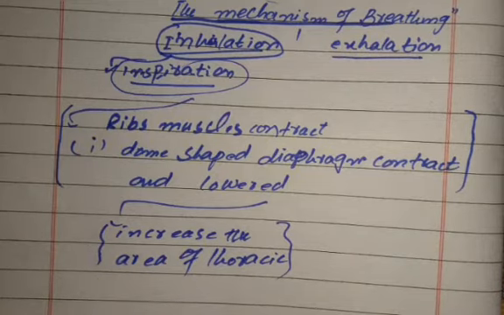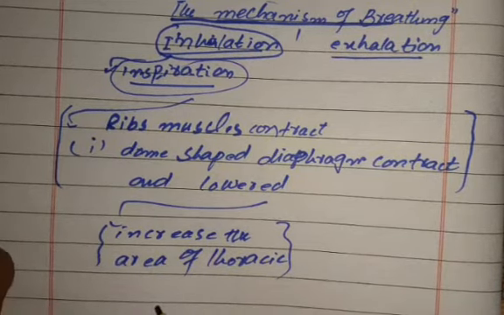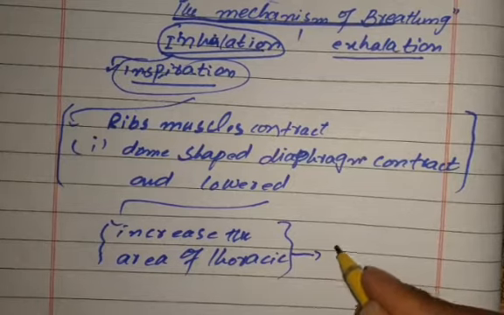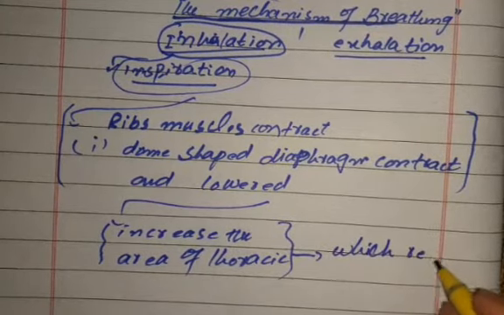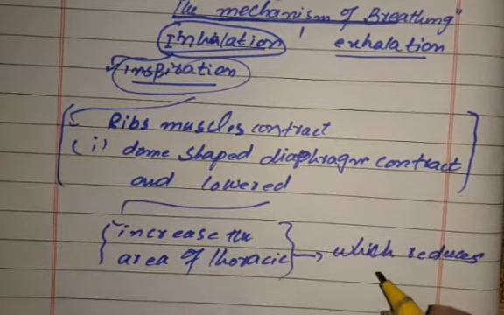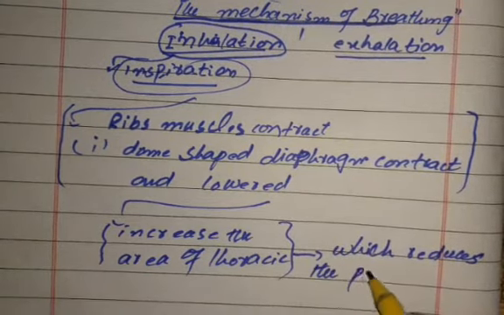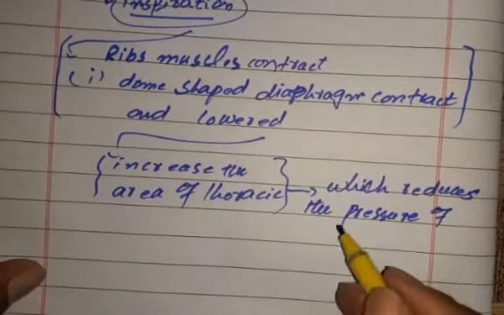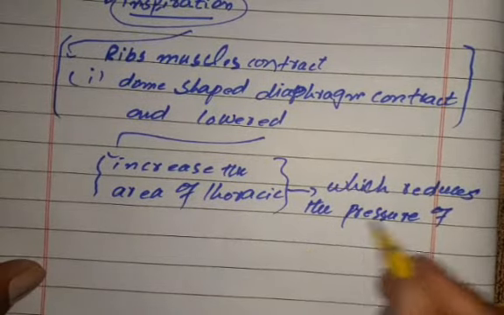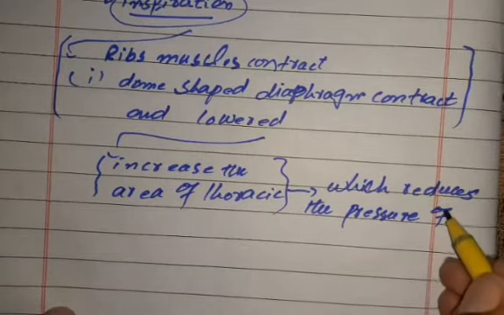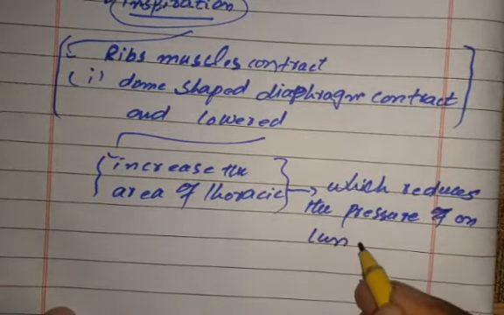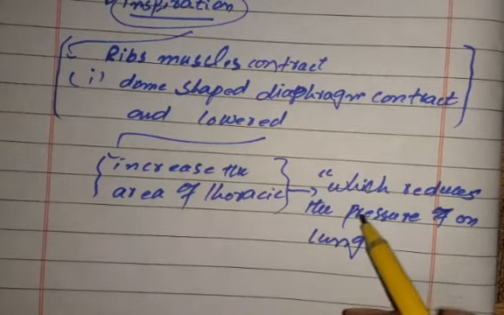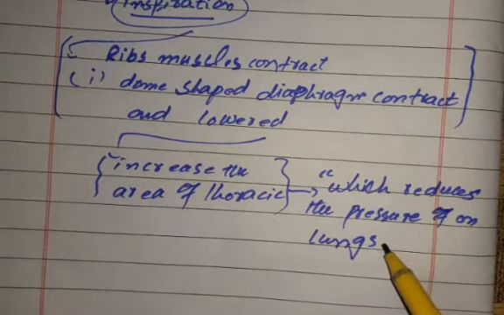And one thing more: the increase in the area of the thoracic cavity reduces the pressure on the lungs. Clear?